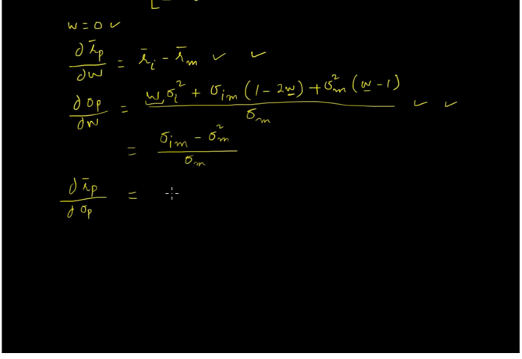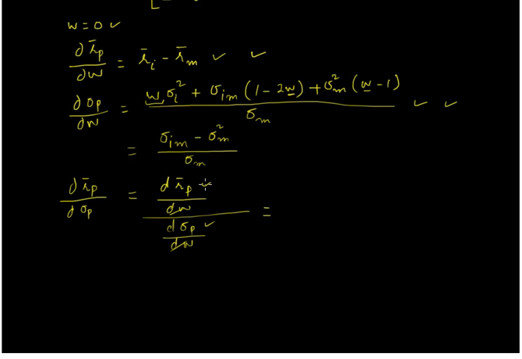Because if I write here the change in expected portfolio return over change in the weight, divided by a change in the standard deviation of the portfolio divided by the change in W, this item is going to go away with this, leaving me with this divided by this, which is what I wanted.